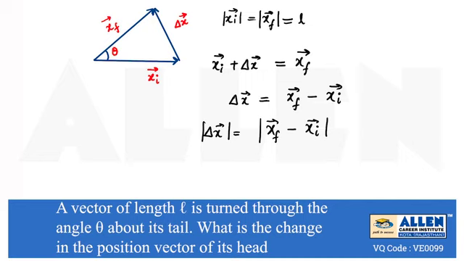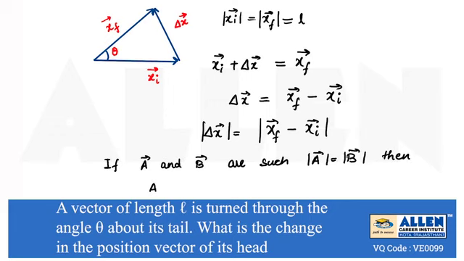Now we will use property of vector subtraction, that is if suppose vector A and B are such that their magnitudes are equal, then A minus B whole magnitude can be written as 2 times of A sine theta by 2, where theta is the angle between A vector and B vector.